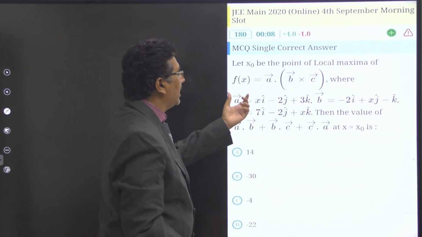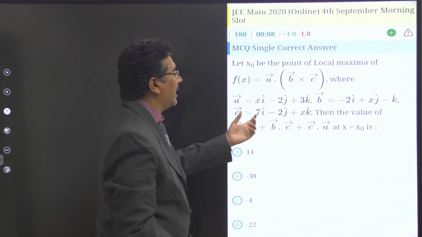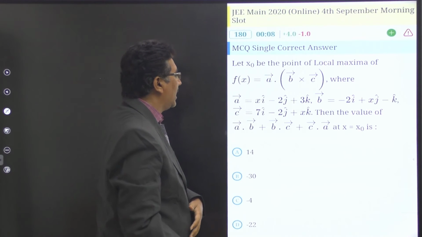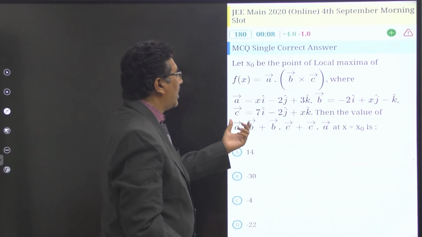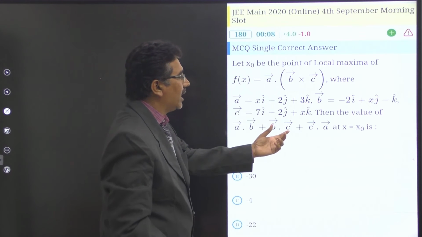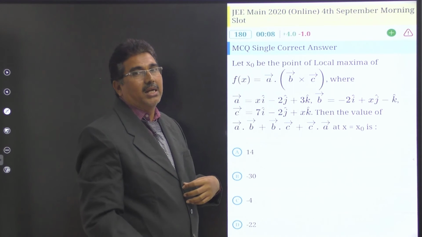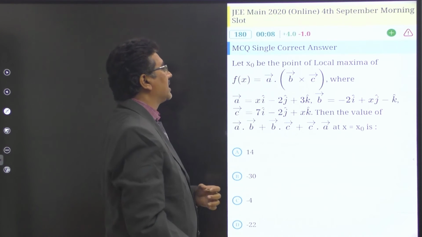Given a bar, b bar and c bar, find the value of a bar dot b bar dot c bar dot a bar at x equal to x0.